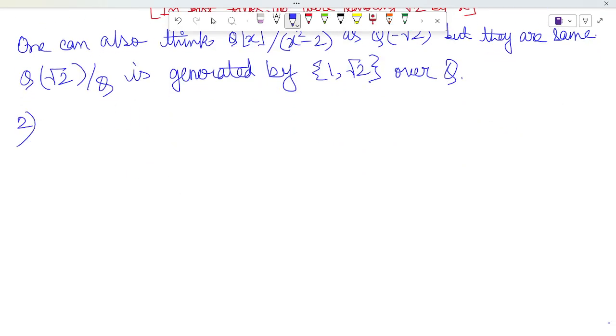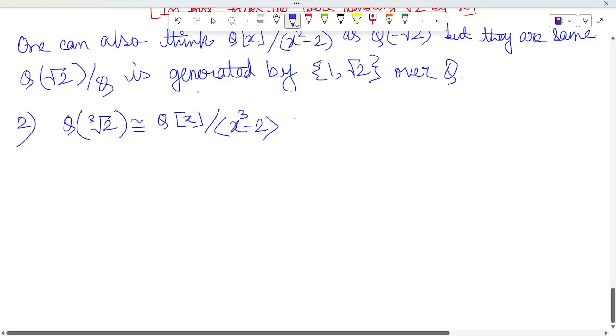Second example. Think of this thing. Okay. Again, by the same thing, we get this.